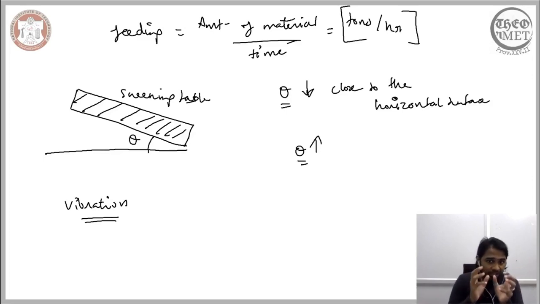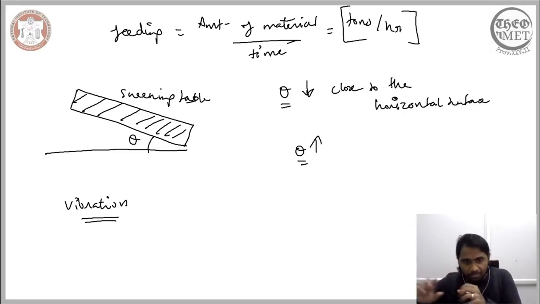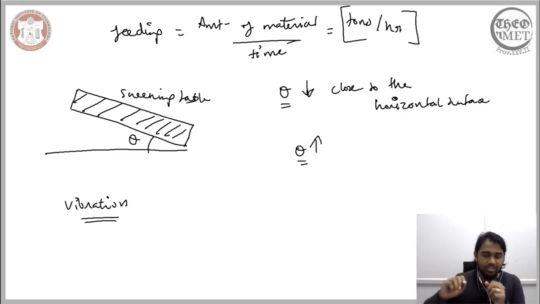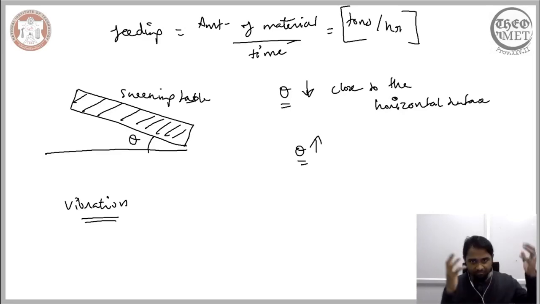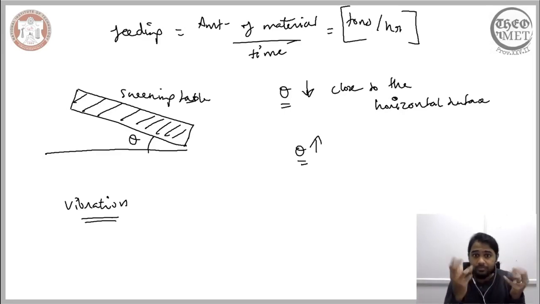When you consider the surface, we have both the wires and the perforations. Vibration helps the particles interact with both the wires and, more importantly, the perforations. So vibration also increases the probability of interaction that ultimately contributes to the process of screening. However, like the other factors, vibration needs to be regulated, but not as much as the feeding rate and the inclination angle, because vibration often plays an advantageous role.